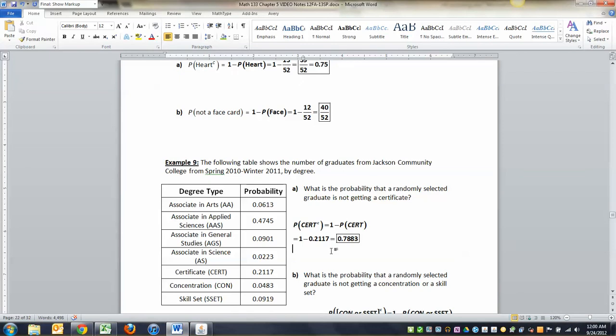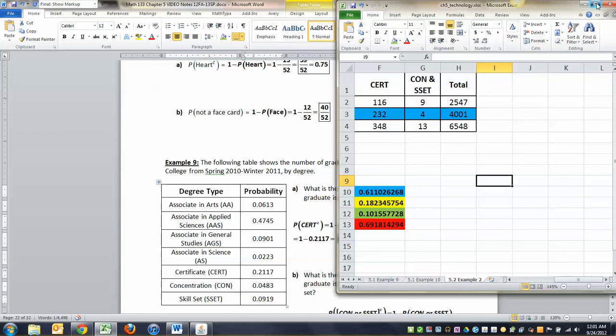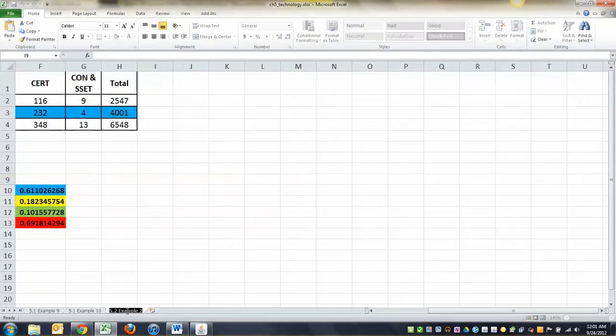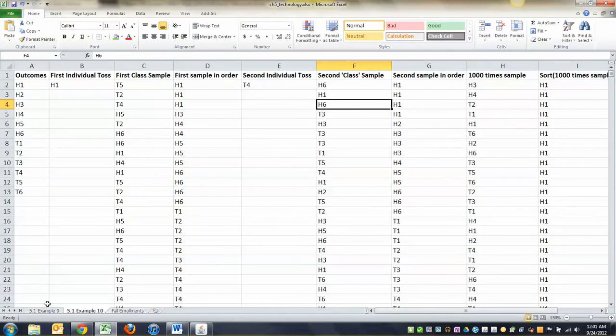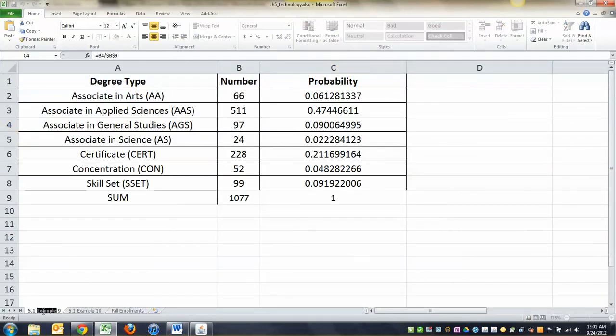Now, what about our associate's degrees here? What's the probability that a randomly selected graduate is not getting a certificate? So that's the complement of a certificate, right? That's 1 minus the probability of certificate, which is 1 minus this guy right here, 0.2117. And if you want to find it with Excel, I guess I should really name these. This one was the fall enrollments one, the contingency table one. And over here was the graduates, right?